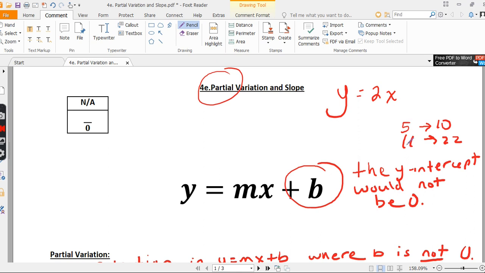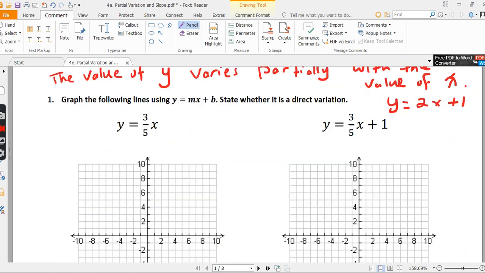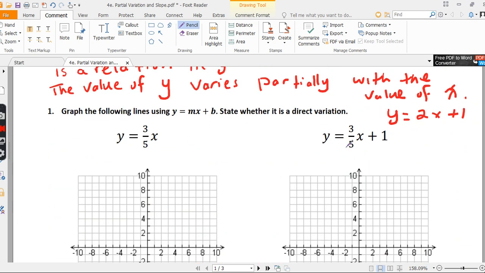If I knew my x value was 11, my y value would just be 22, the double of that. But if I had something like 2x plus 1, if I knew my x value was, say, 5, my y value wouldn't be 10, it would be 10 plus 1. So it varies, but then I've got to remember to add the 1 as well. So let's say my x value was 10. Then my y value wouldn't simply be 20, but instead it would be 20 plus 1. Okay? It's as simple as that.